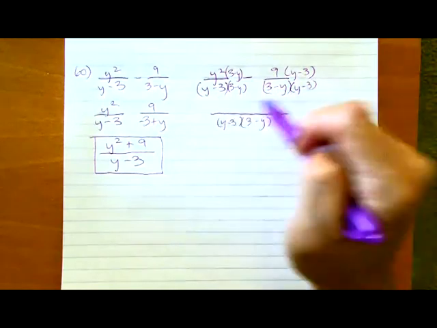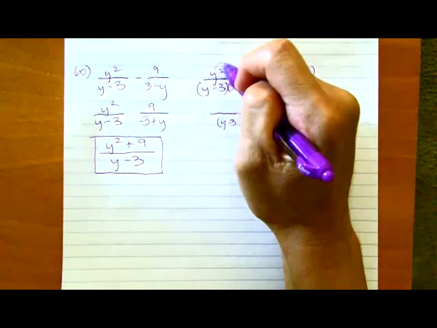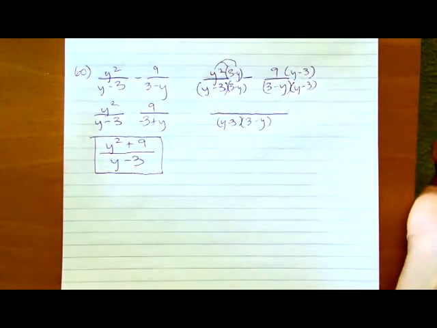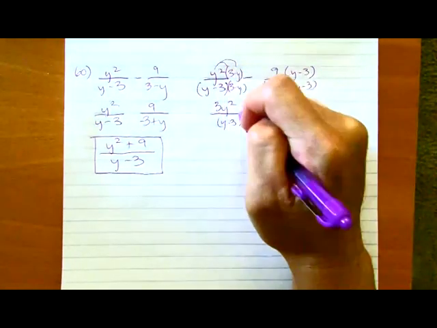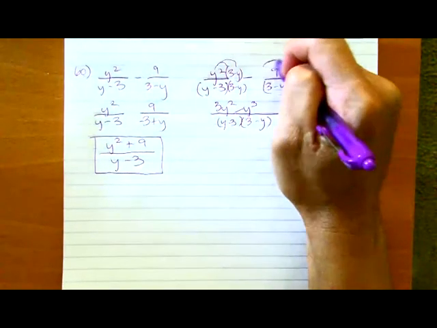Okay, so now the denominators match. I'm going to combine it over one denominator. I'm going to distribute the y squared. I'm going to distribute the negative 9.